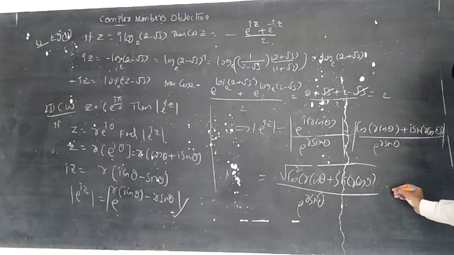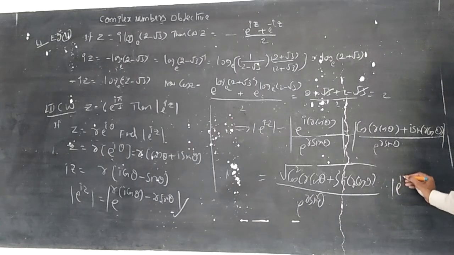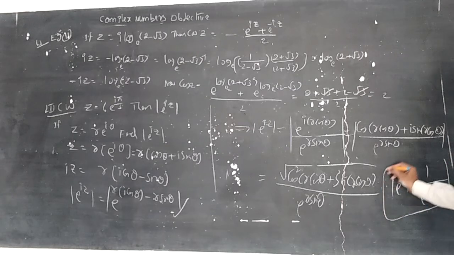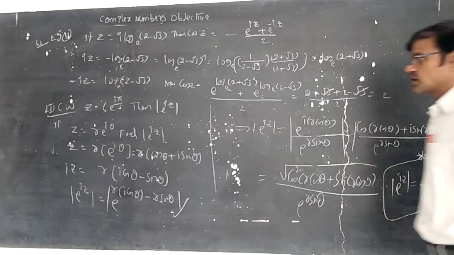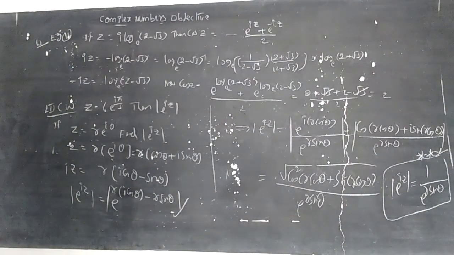Therefore modulus of e power iz is equal to 1 by e power r sin theta. Put star mark here. Modulus of e power iz is equal to 1 by e power r sin theta.